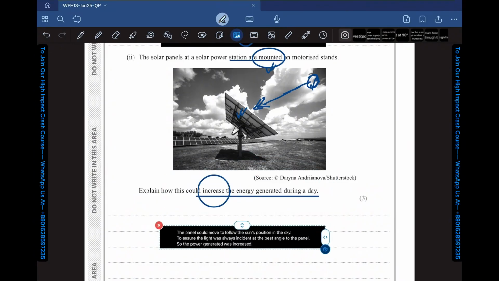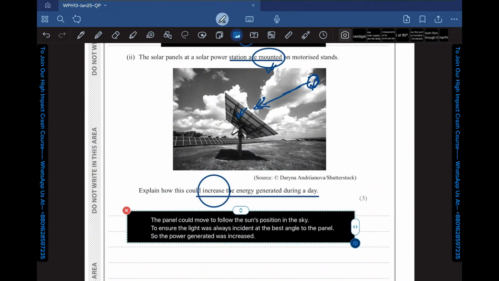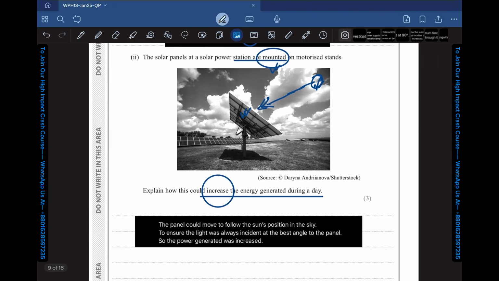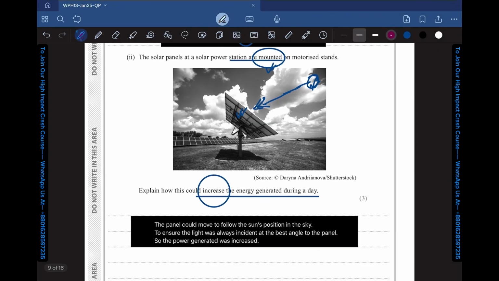So basically this is going to be our answer. The answer will be: the panel could move to follow the sun's position in the sky. The thing that I've said, that it was mounted so that it is in the best position relative to the sun. We can say the sun, which is the better way to say it, or you can also say the sky.